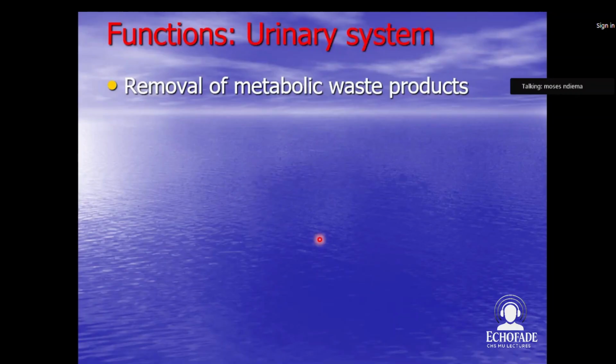During metabolism, we have things like urea and nitrogenous waste products being produced, and those must be removed from the body. Accumulation of this in the body can cause damage to the blood vessels. If you have uremia, this can cause damage to the blood vessels. Then you can end up with edema and subsequently kidney failure, because the blood vessels of the kidney are very, very narrow.